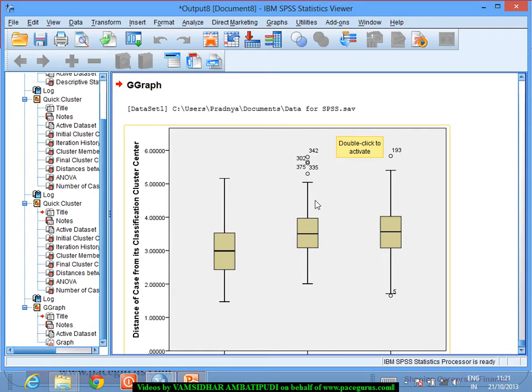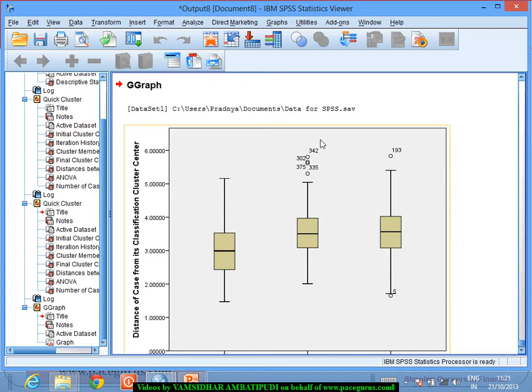We don't have too many extreme values. Variability-wise also, we are not able to see too much of a big difference across the three clusters, but three or four values are slightly outliers in case of cluster 2, and two values are outliers in case of cluster 3.